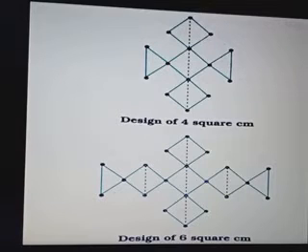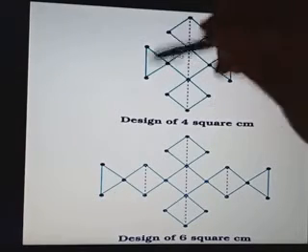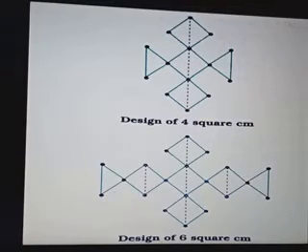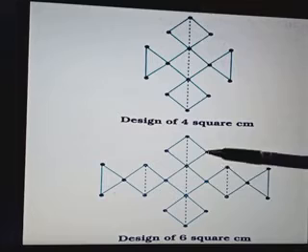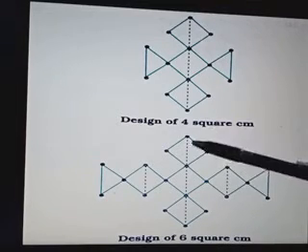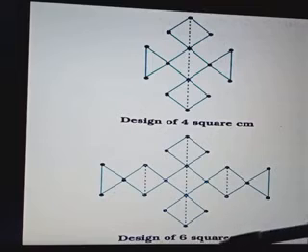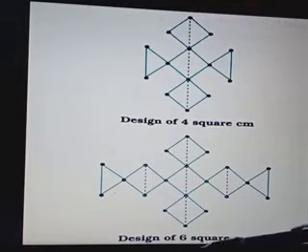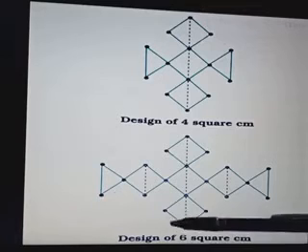And what will be the area of these 8 tiles? It is 4 square centimeter, right? Now 6 square centimeter area, so 6 double, it will be 12. So 12 tiles should be needed to cover the particular shape.